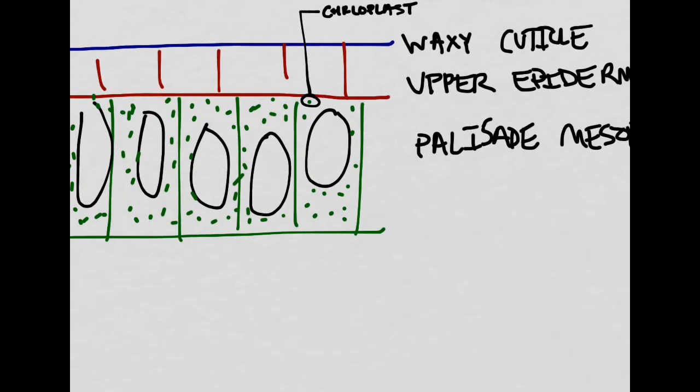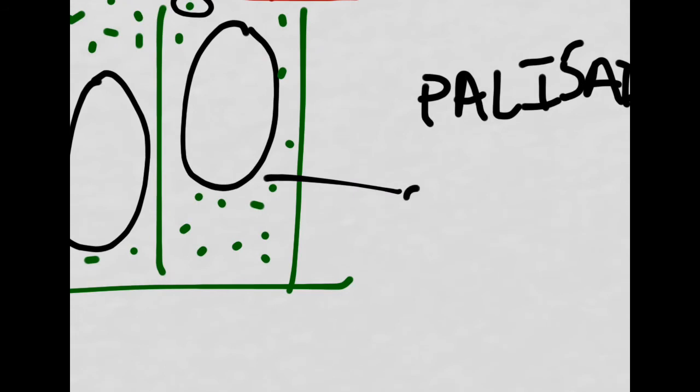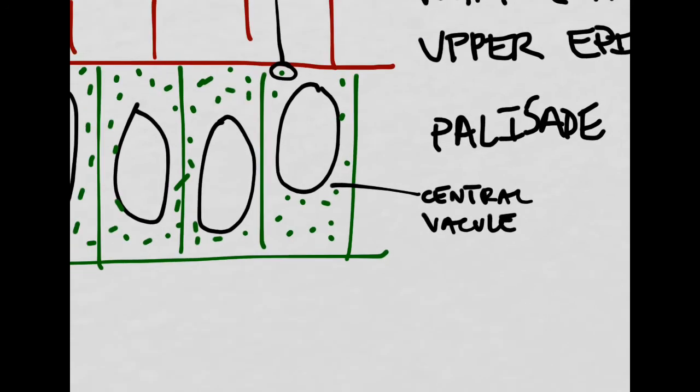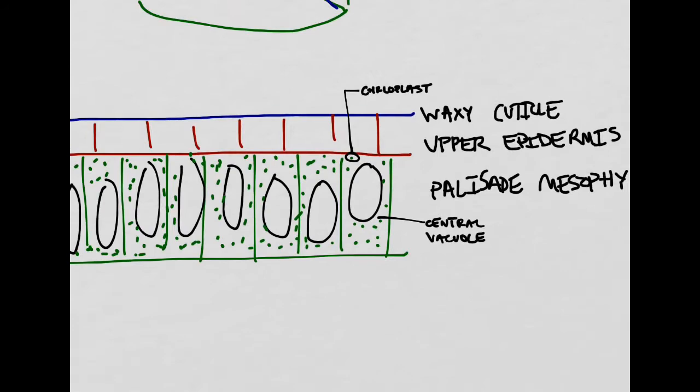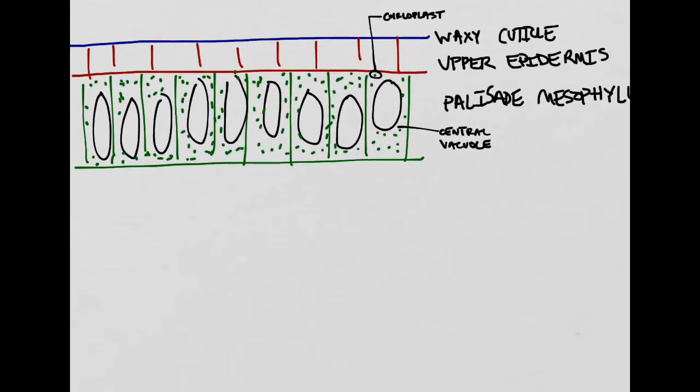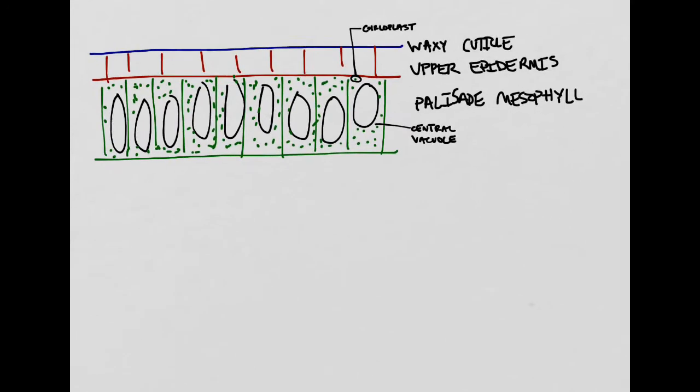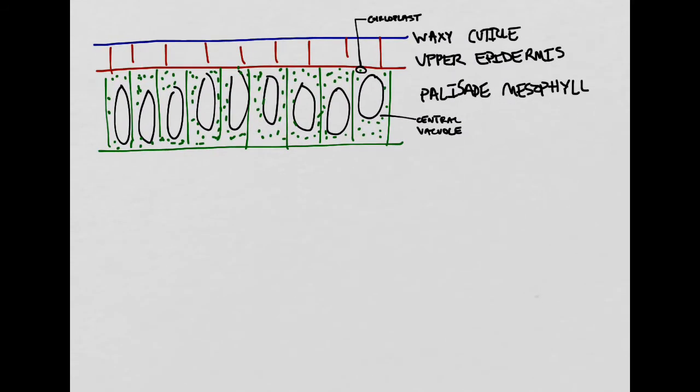And this right here is a central vacuole. Okay, so great. We've got our waxy cuticle, our upper epidermis, which produces our waxy cuticle, and the palisade mesophyll, which is the main site of photosynthesis within the leaf.